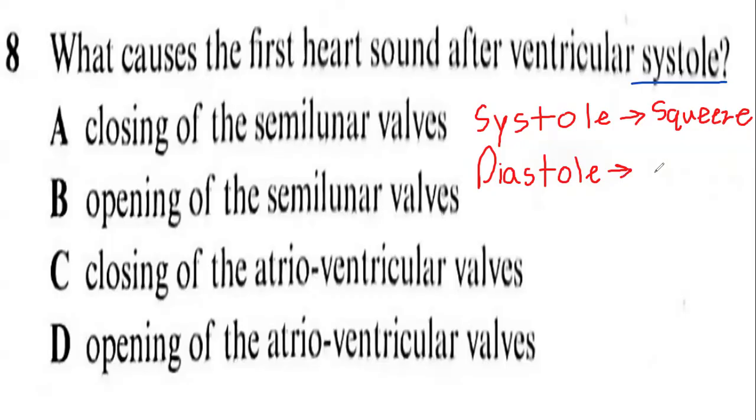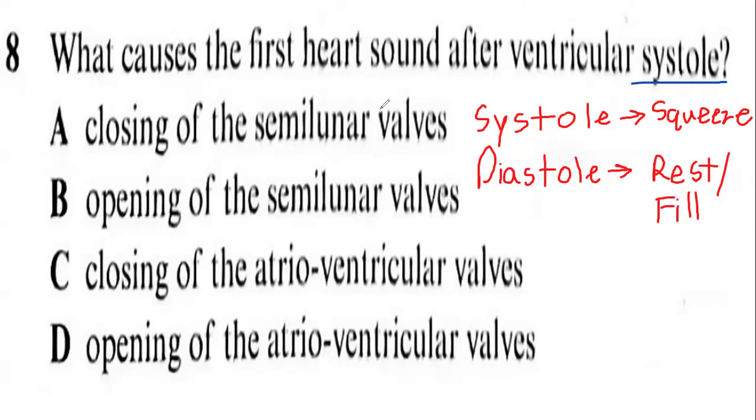It's basically a rest, or you could say a filling. So systole is the squeeze, the contraction, and diastole is the resting phase, when it's filling with blood. That's the difference between them in a simple, general way.